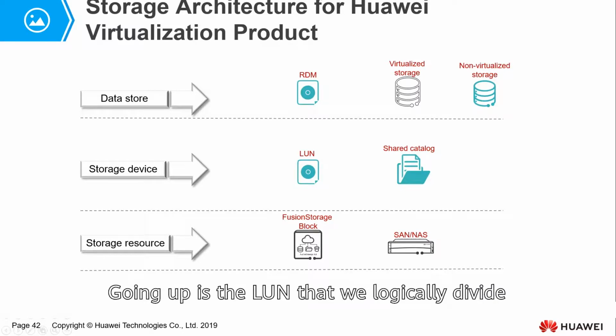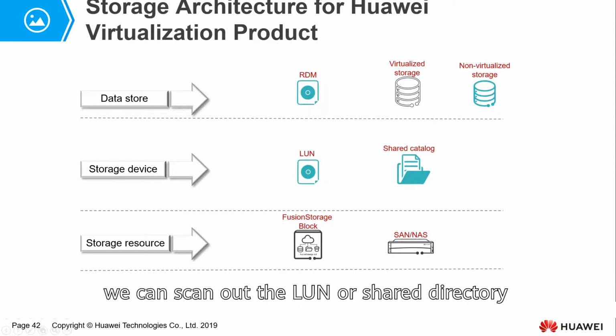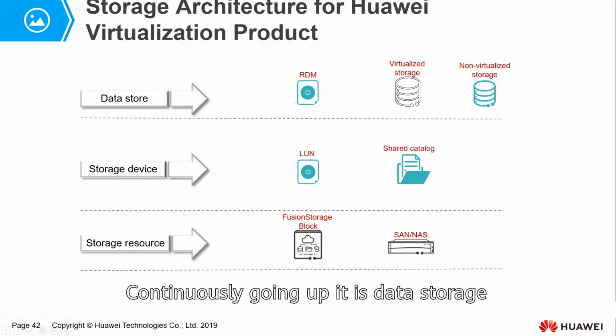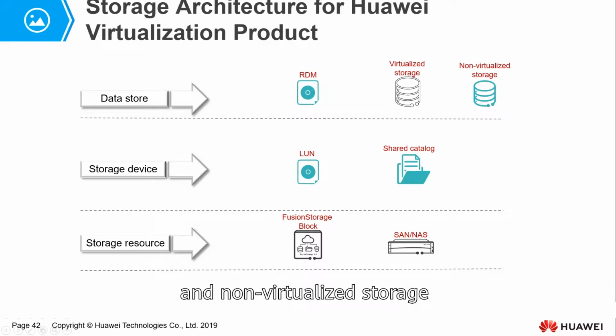Going up are the LUNs that we logically divided or the shared directories of the NAS. All of them are called storage devices. After adding the storage resources, we can scan out the LUNs or shared directories. Continuing up, it is data storage. There are three types of data storage: raw device mapping, virtualized storage, and non-virtualized storage.